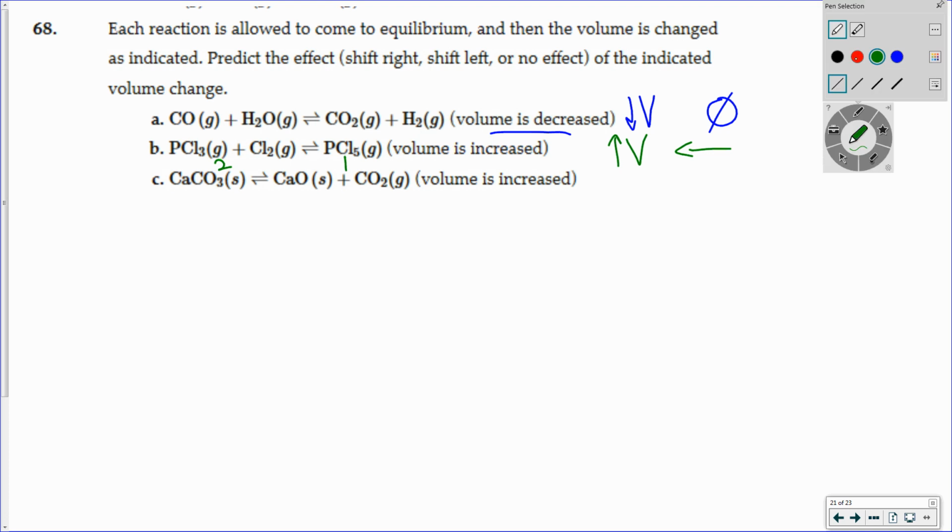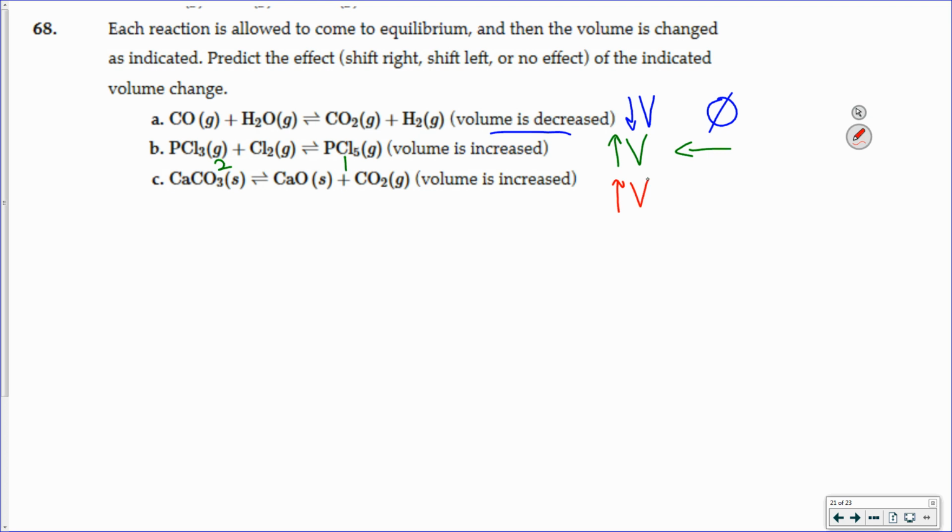All right, let's look at the last one. It says the volume is increased. Now what's this one going to do? Okay, so why is it going to go to the right?